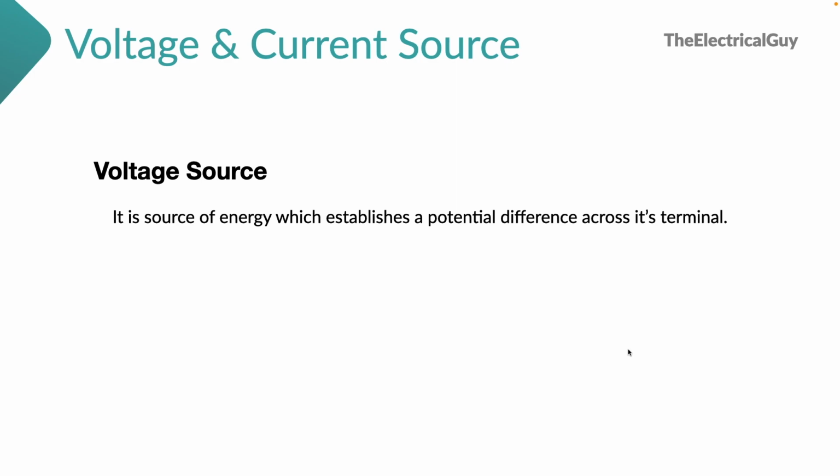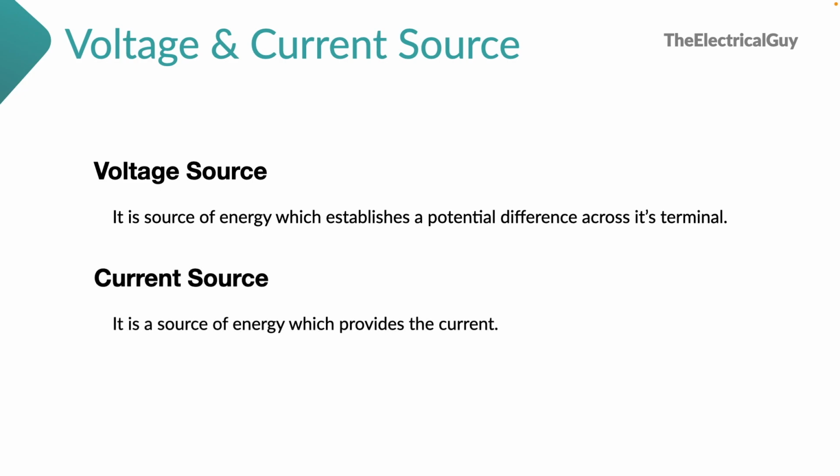In a similar way, a current source is a source of energy which provides the current. Now current sources are only a mathematical representation. You will not find any practical source that can be called a current source. Anything that provides the current can be called a current source, but as I said, it's only a mathematical representation. There is no pure current source available practically, right?